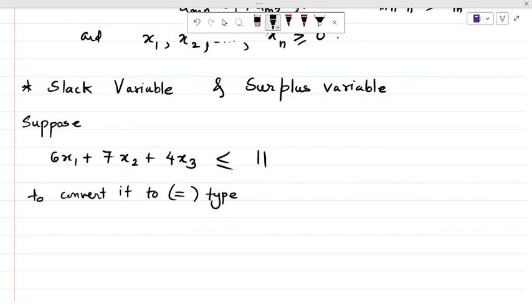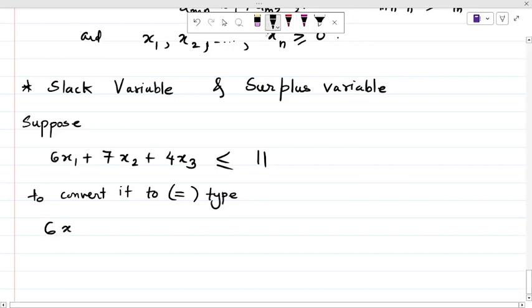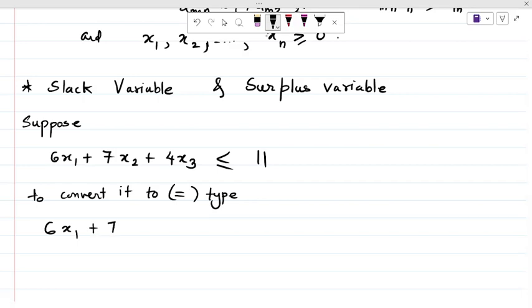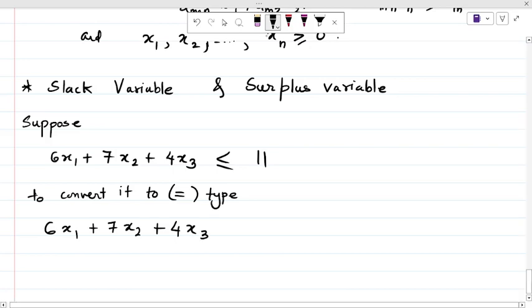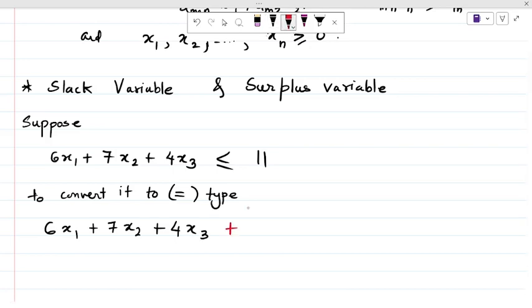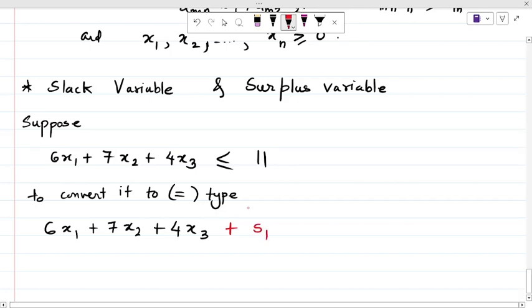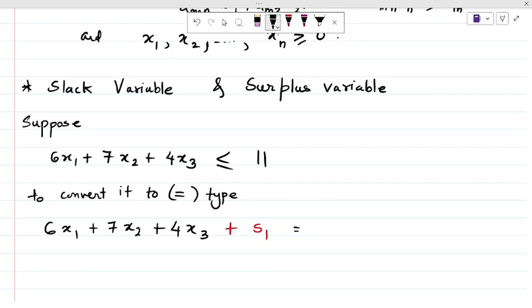So this will become 6x1 + 7x2 + 4x3. Now here you add a variable, let's say s1, which is an arbitrary number, so that when you add it up it equals 11.